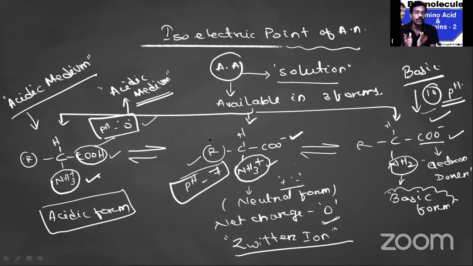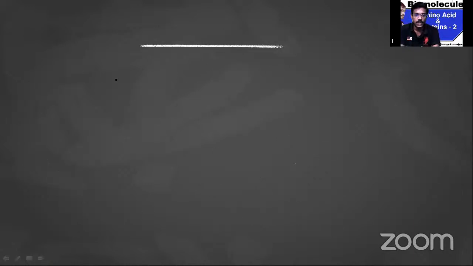The isoelectric point is the pH at which there will be formation of more zwitterion from the amino acid. At which pH will the maximum amount of zwitterion form? That is called the isoelectric point. What is the isoelectric point?